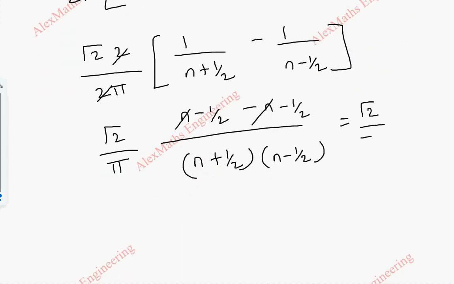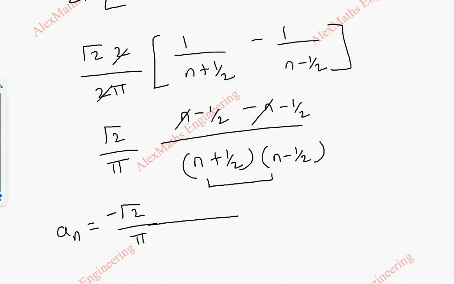So root 2 by pi into minus 1 by, let's write it neatly here. An is root 2 by pi, minus of minus half is minus 1. I take minus here, and this is a plus b into a minus b. So n square minus 1 by 2 whole square is 1 by 4.